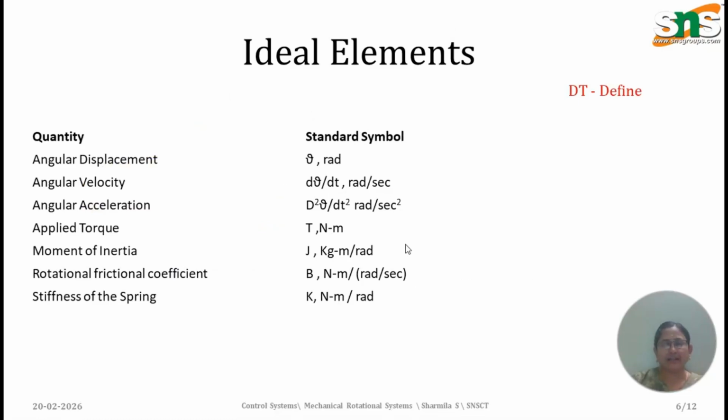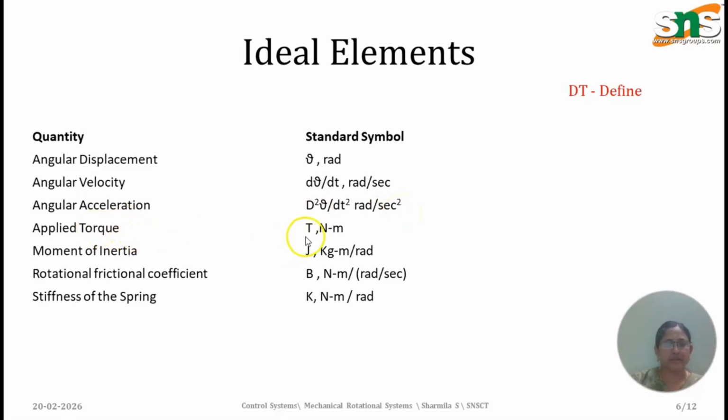The ideal elements used in mechanical rotational systems are listed by quantity and standard symbol. The quantities are angular displacement, represented by theta in radians; angular velocity, d theta by dt, in radians per second; angular acceleration, d square theta by dt square, in radians per second square.